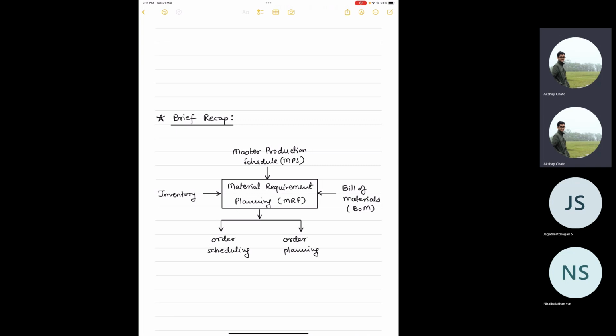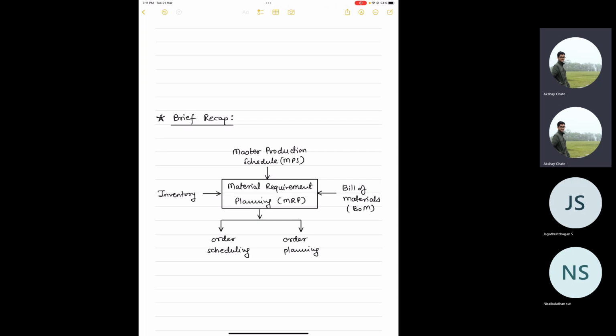And major part of the discussion was, if I can just summarize, why do we do MRP?